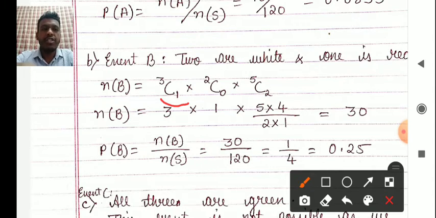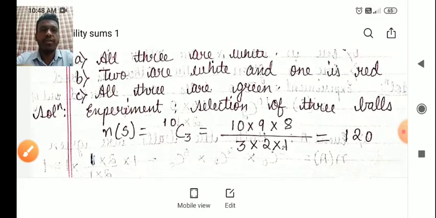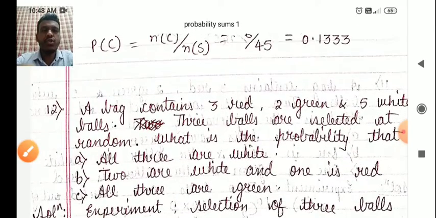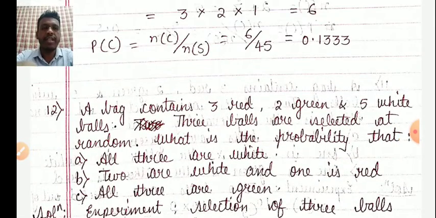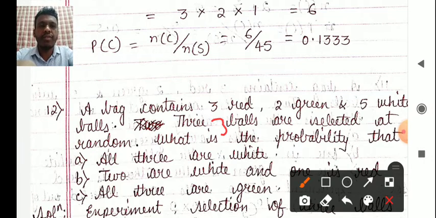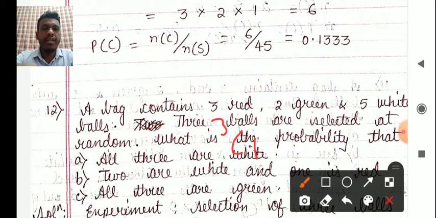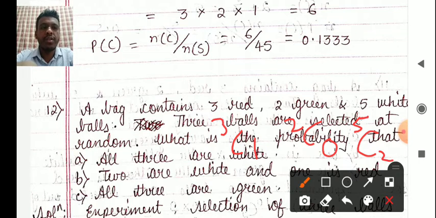We'll just see the question and I'll tell you. The second one says 2 are white and 1 is red. So out of 3, 1 is red, 2 are white, they have said, so that means green is not there, so 2C0 and 5C2. 1 is red out of 3 balls, no green balls, so 2C0, and 2 are white, so 5C2.